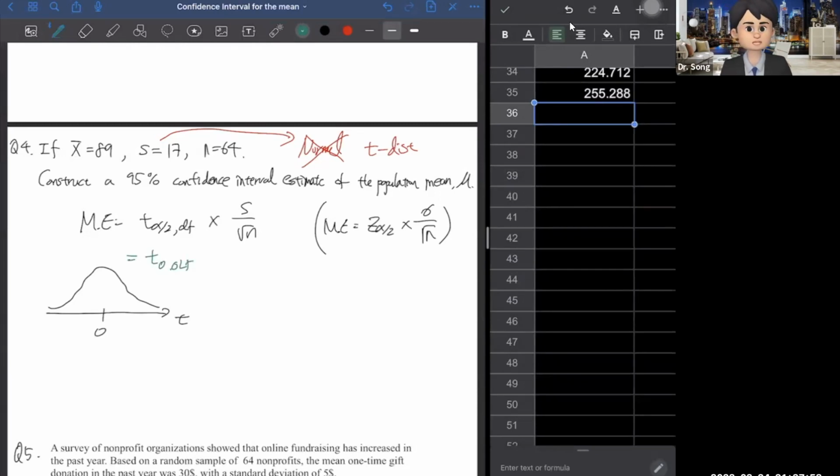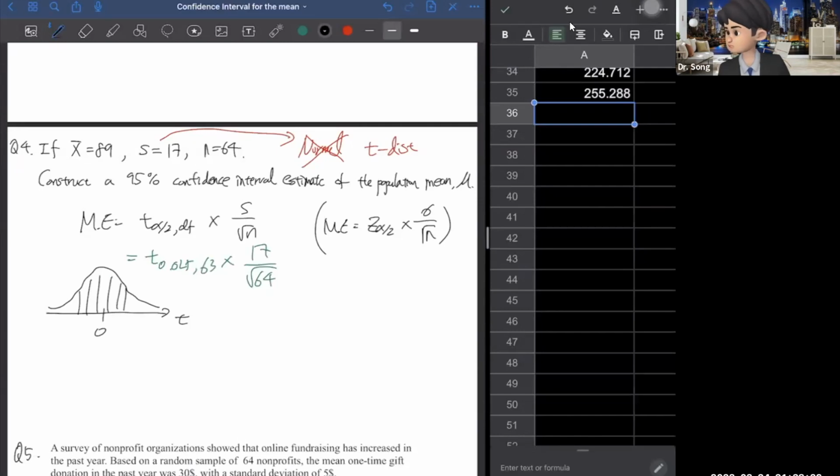Again, 100 minus 95% is 5%, and 5% divided by 2 is 2.5%. That's why I put 0.025. And degrees of freedom is nothing but n minus 1, the sample size minus 1. So there is 63, times the sample standard deviation 17 over square root 64. So I want to find this t.025 with degrees of freedom 63.